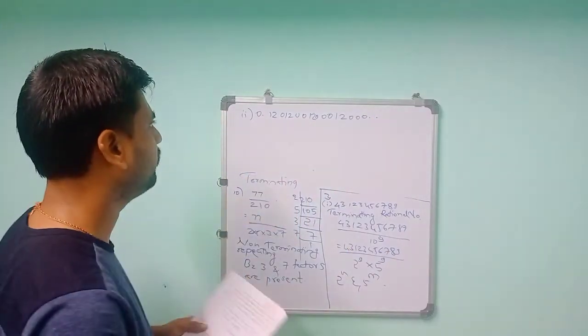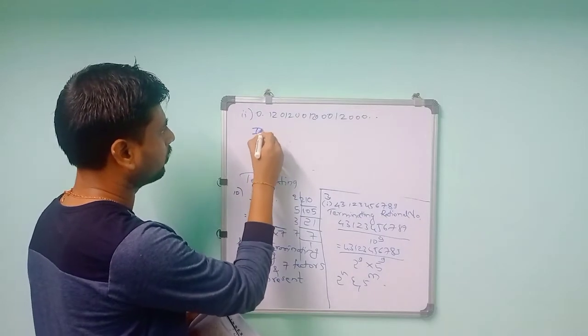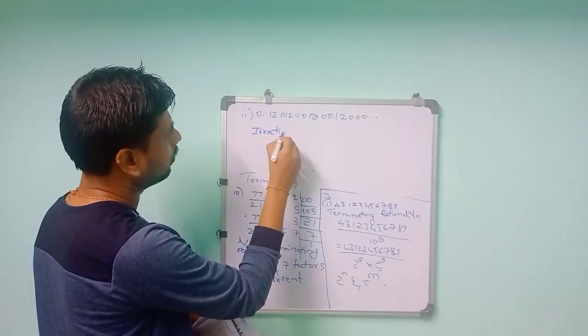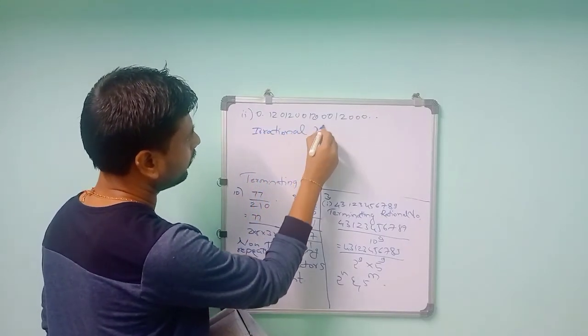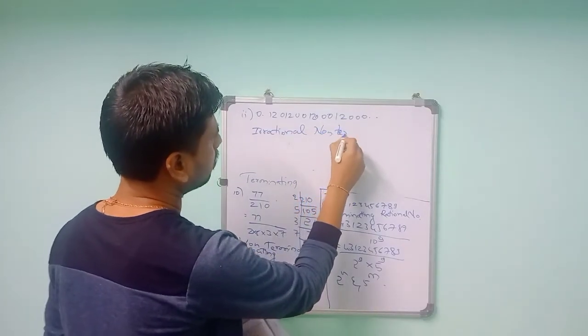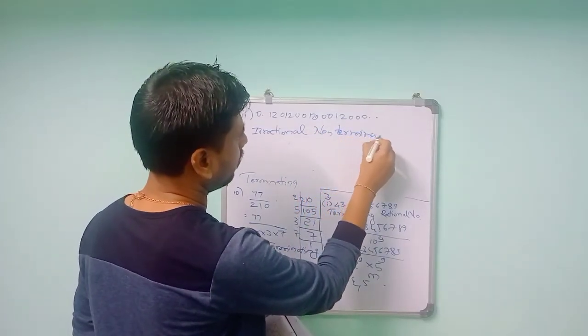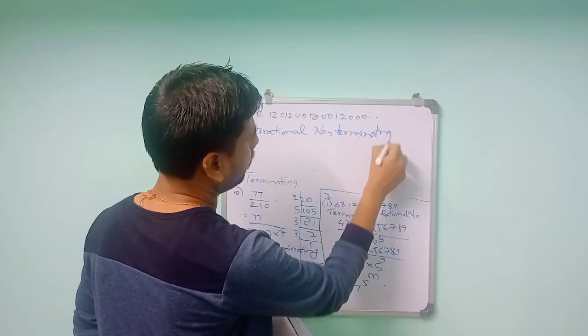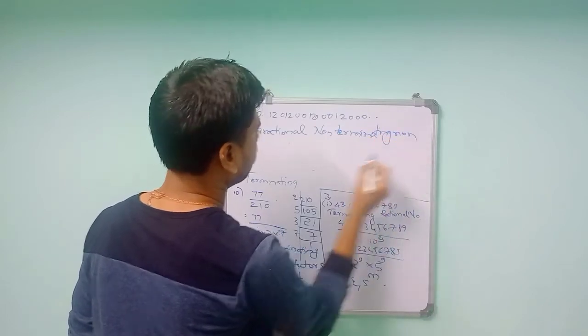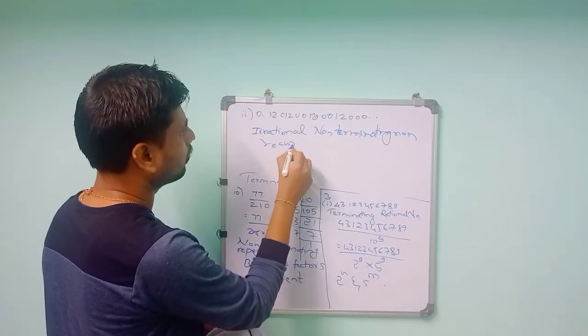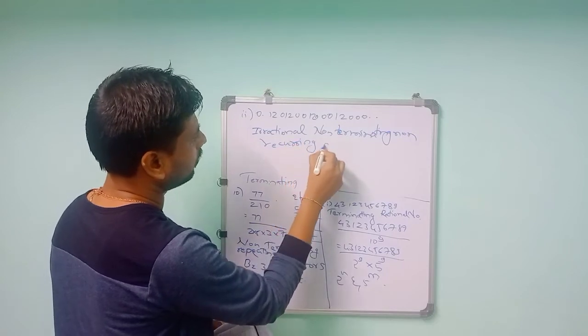So it is not repeating means it will be an irrational number only. That number will be irrational, and it is non-terminating. Therefore, nothing ends for this one. So non-terminating, non-recurring decimal expansion.